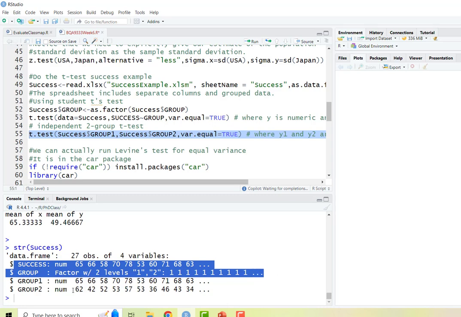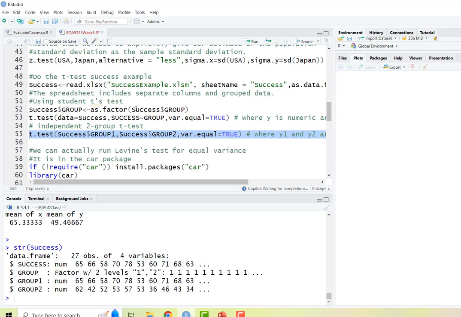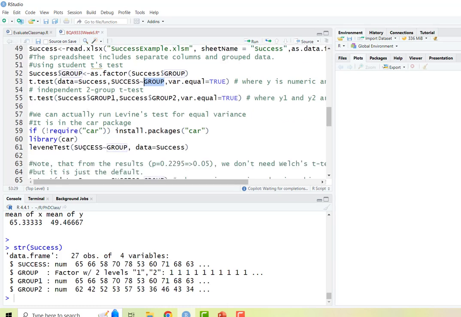This is every success value with a column to say, are we in group 1 or 2? And we have the separate group values. So we can do it one way where we say our dependent variable is success, and we do a test with 2 groups, where group is the independent variable, or we just pass it the 2 groups, and we get the same answer.